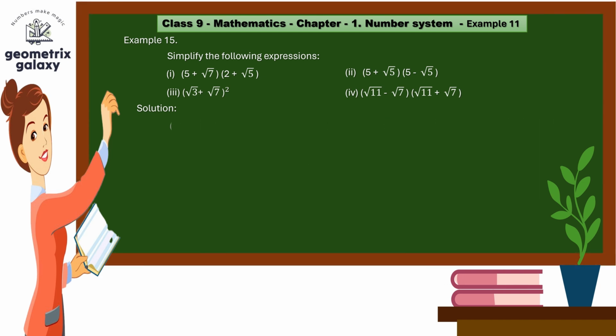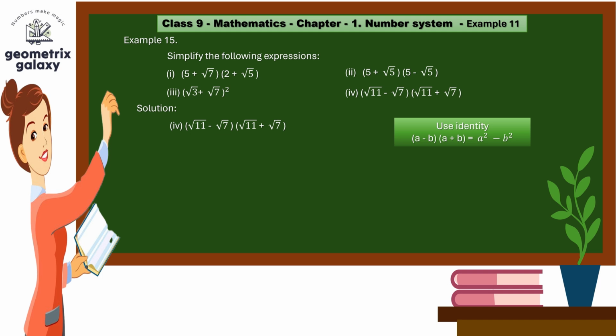Now we will see our fourth subdivision. It is (root 11 minus root 7) into (root 11 plus root 7). This is similar to our second subdivision. So we have to use the identity (a minus b) into (a plus b) is equal to a square minus b square. Now what is a here? Root 11. The b value is root 7.